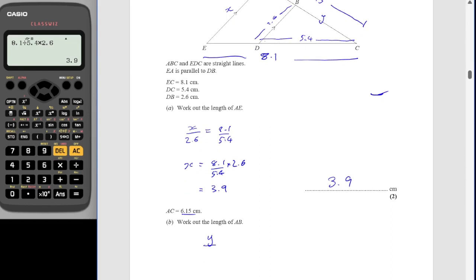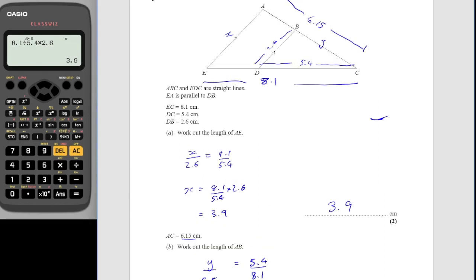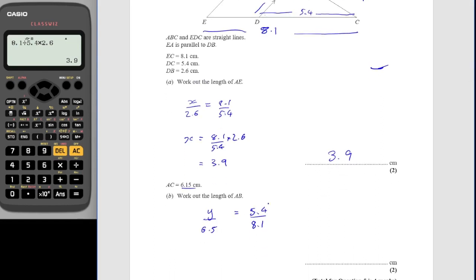So y over 6.15 is going to be equal to 5.4 over 8.1. So that's that side over that side will equal that side over that side. So y is going to be equal to 5.4 over 8.1 times by 6.15. Sorry, I've mistyped.